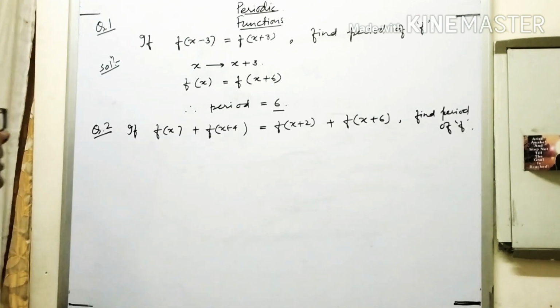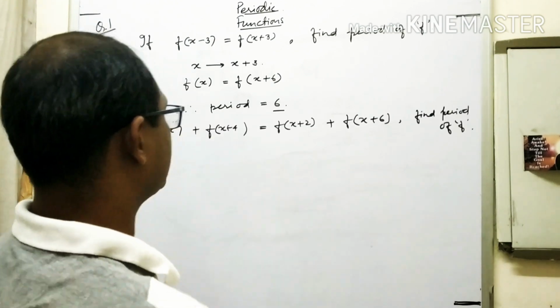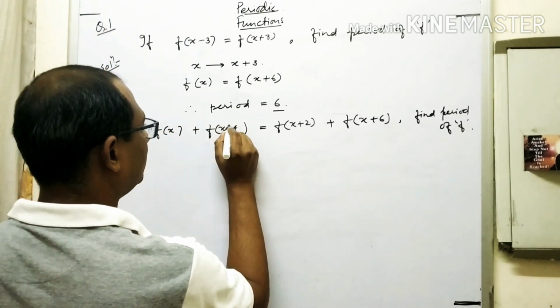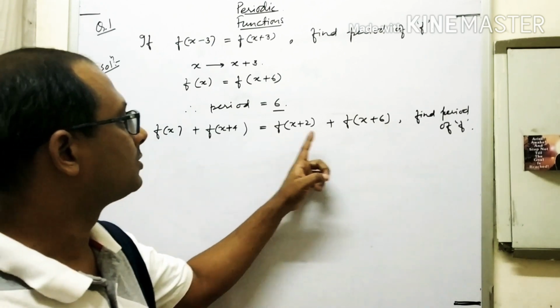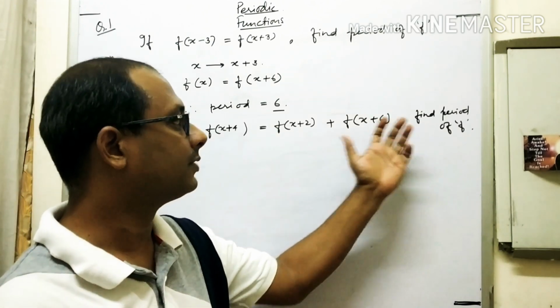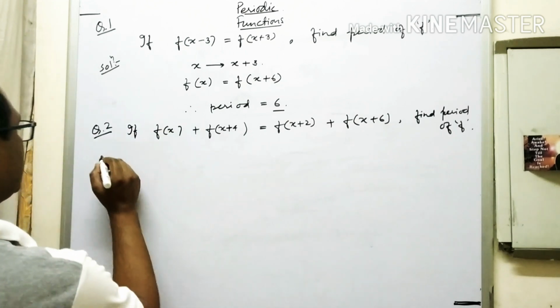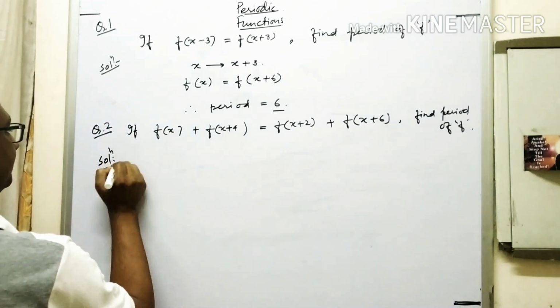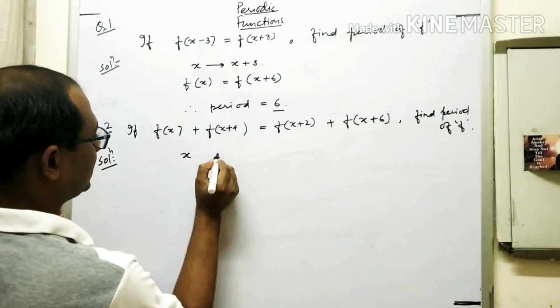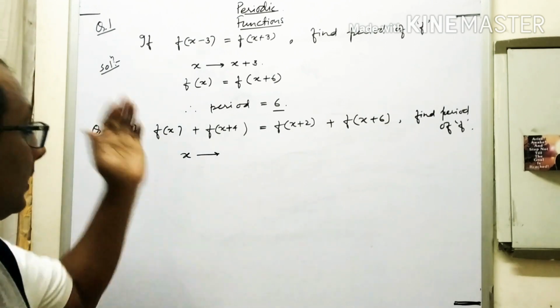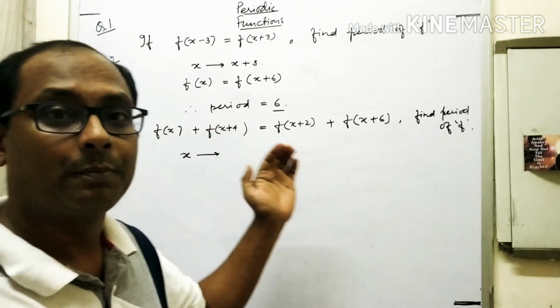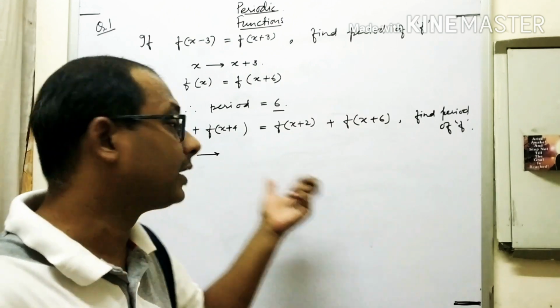The second question: if f of x plus 4 is equal to f of x plus 2 plus f of x plus 6, we have to find the period of f. So the solution goes like this. We generally replace x by the nearest value available.